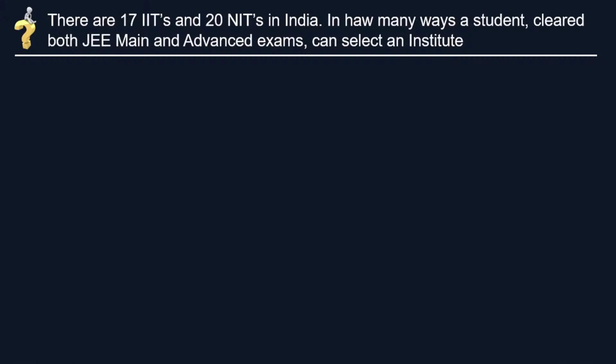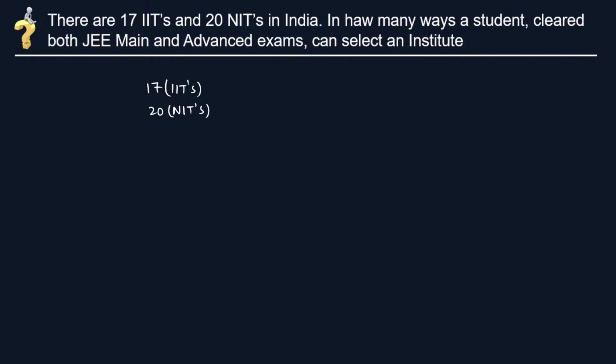There are 17 IITs and 20 NITs. Listen to it very carefully. There are 17 IITs and there are 20 NITs. In how many ways can a student who has cleared both JEE Main and Advanced exams select an institute?